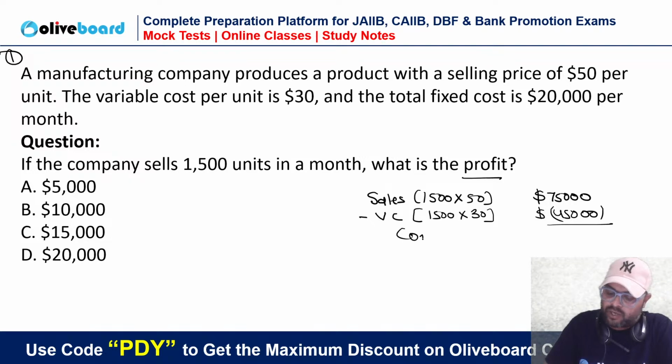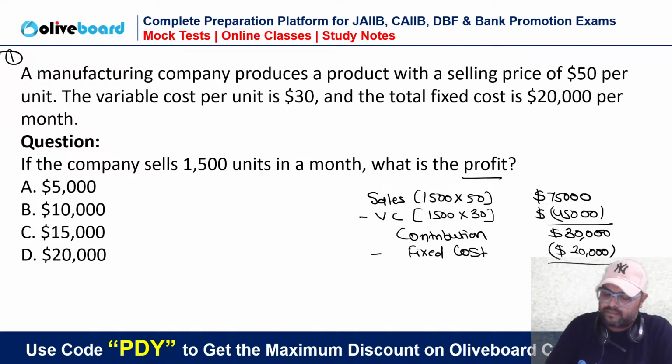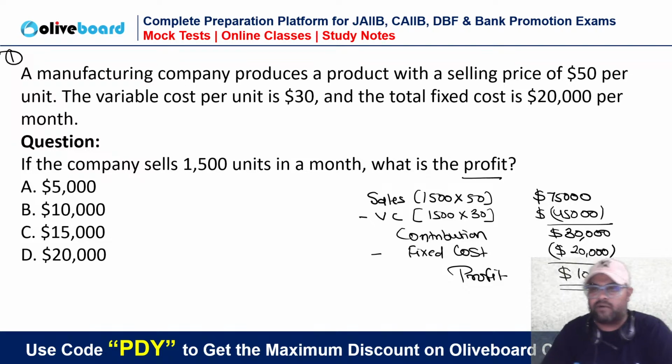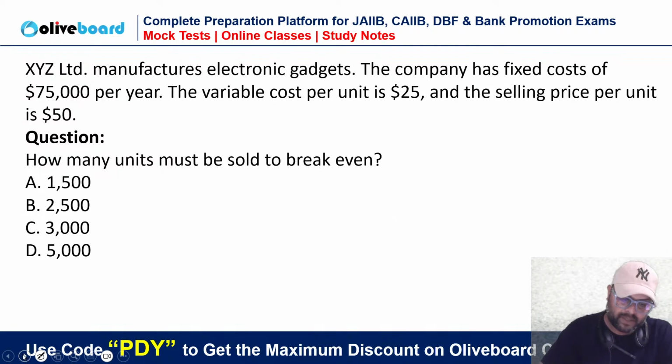That brings me the contribution of $30,000. Currency, you may be in rupees, maybe in dollars, in exam, doesn't matter. Then we will reduce the fixed cost, $20,000. So we have the profit. That is $10,000. This is how our profit is generated. B will be my correct answer. That type of questions they ask in the exam out of this topic.